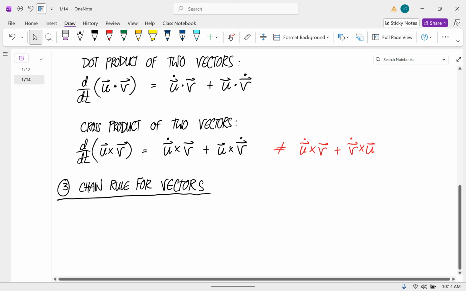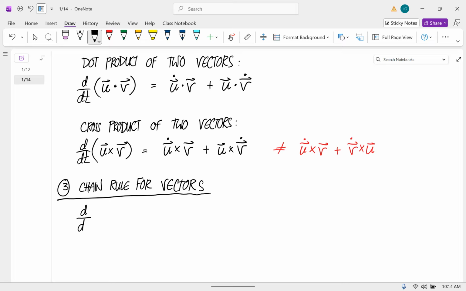So the chain rule says d/dt of a vector function. Let's say that this f is a vector, but it's a function of a scalar independent variable. So let's say it's a function of g, which is a function of t.